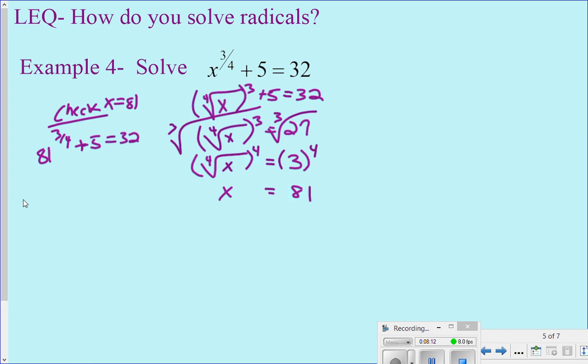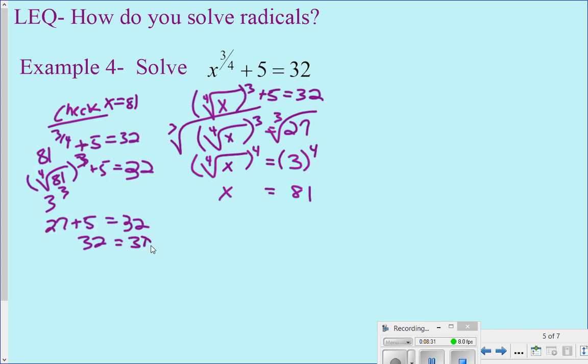So the fourth root of 81 cubed plus 5 should equal 32. The fourth root of 81 is 3. 3 cubed is 27. 27 plus 5 is 32. So it checks. Therefore, x equals 81 is a solution.